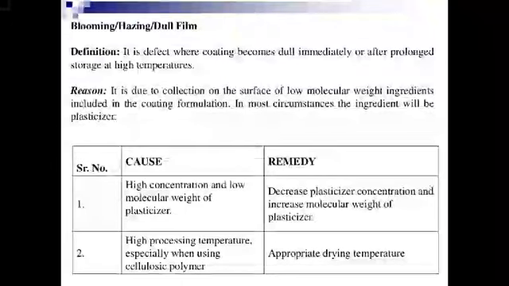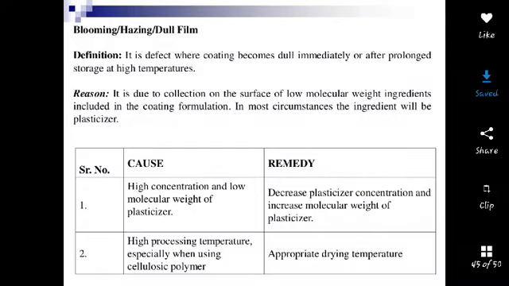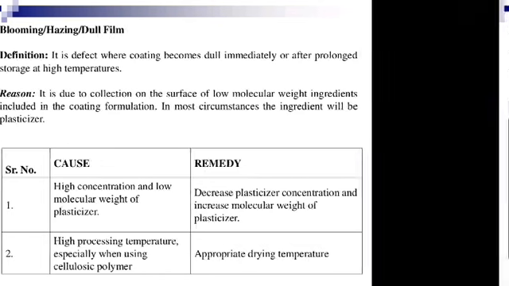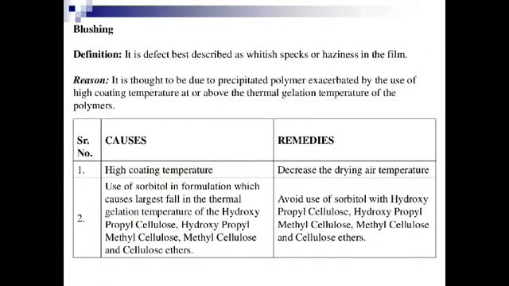So the correct amount of plasticizer has to be in the coating solution, especially when using cellulosic polymers. Also the appropriate drying temperature should be there, or drying time has to be given.